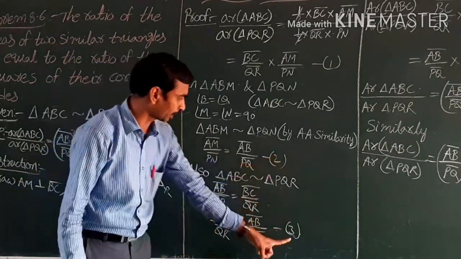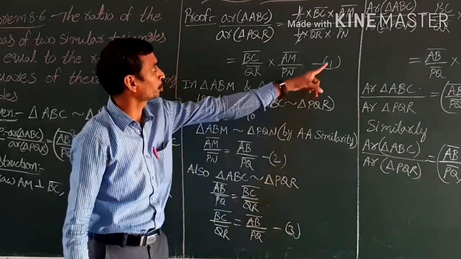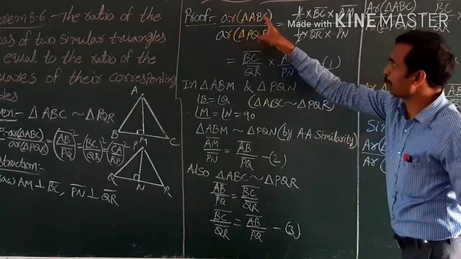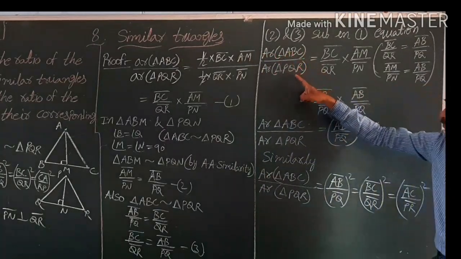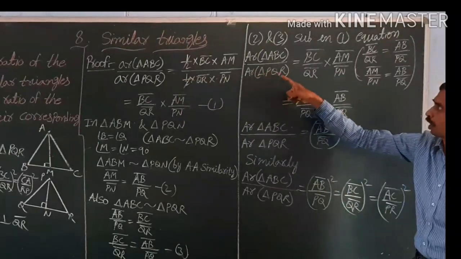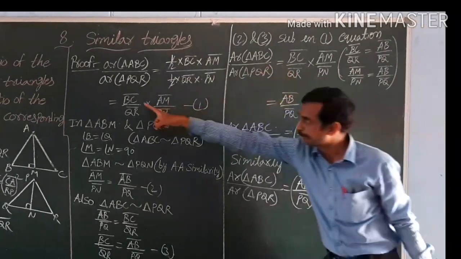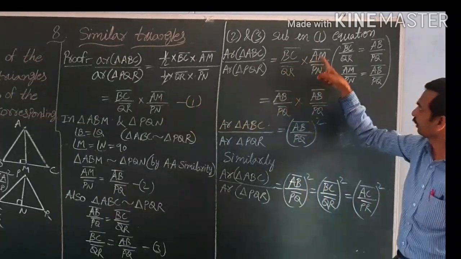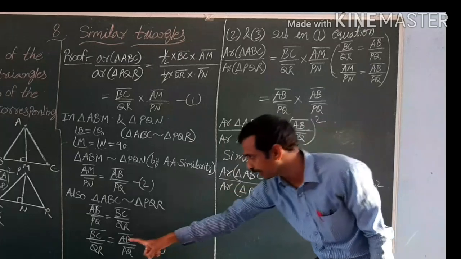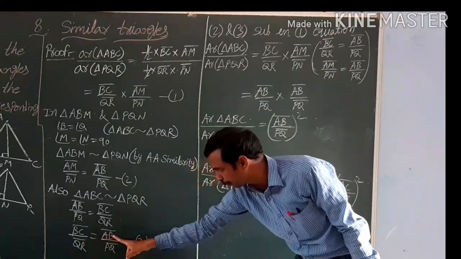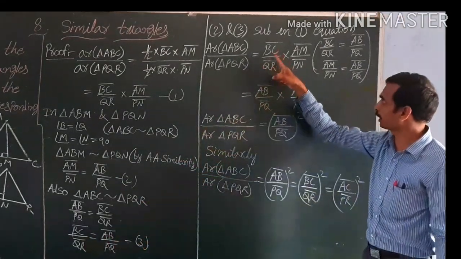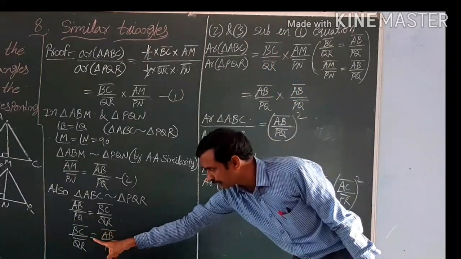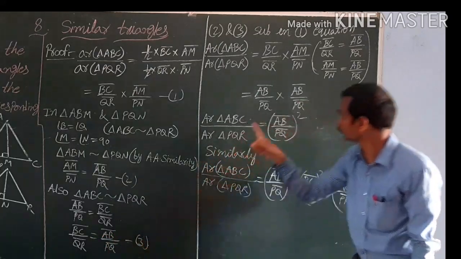This second equation and third equation, both we substitute in the first equation. Now, area of triangle ABC by area of triangle PQR is equal to what we got here, BC by QR into AM by PN. Already we got BC by QR is equal to AB by PQ from the third equation.